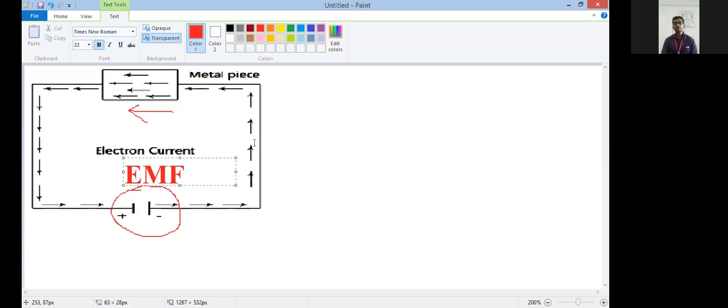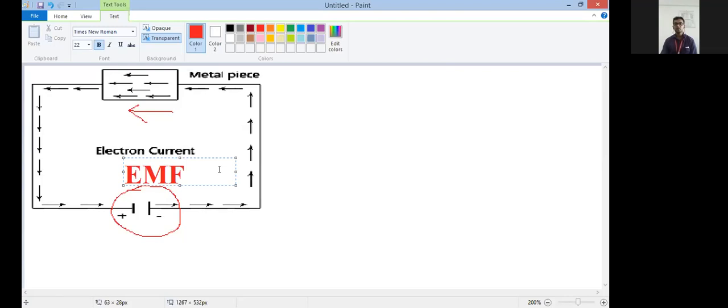Now, the movement of electrons is always from the negative terminal of the battery towards the positive terminal of the battery. Suppose this EMF is because of voltage; EMF can be because of voltage and can also be because of current.